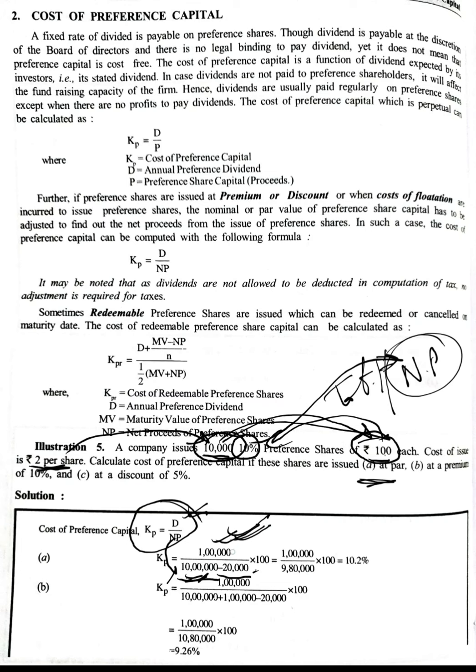First you calculate the face value, then 10% of it will be the dividend. So I got dividend, and net proceedings into 100. Remember, because we have to get the answer in terms of percentage. So that's how I got this value.